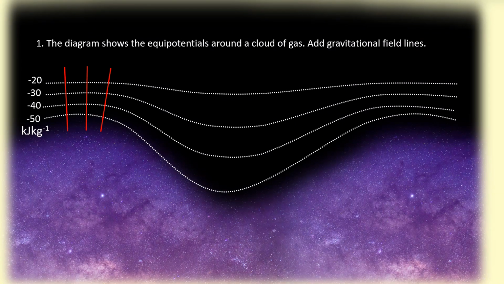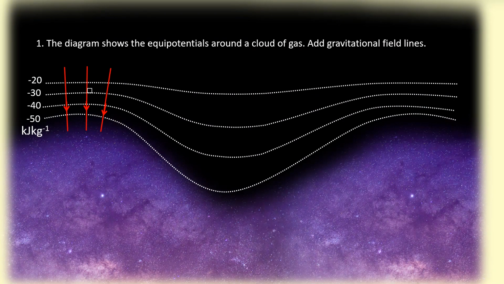So I'm going to draw my field pattern like this, ensuring they're at 90 degrees to the equipotentials, and I'm going to point them in the direction of numbers getting more negative, potential getting more negative. Slightly towards the right of that, you can see the lines are starting to space apart more. So that means the field lines are going to be spaced apart as well, because the field is getting weaker.